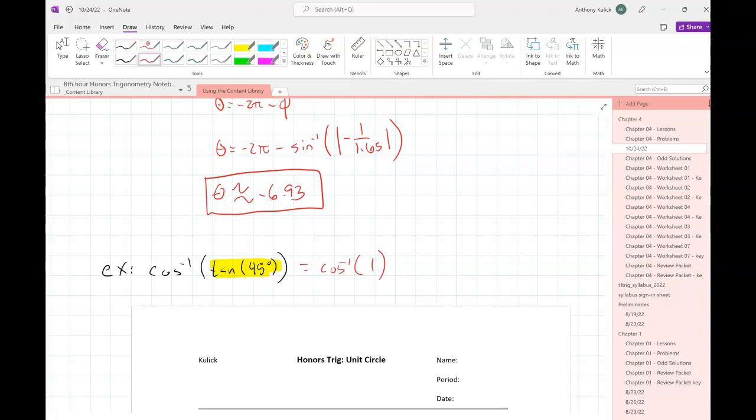So what I'm doing is I'm looking for this on the unit circle. I'm looking for x equals 1 on the interval from 0 to pi. Why 0 to pi?